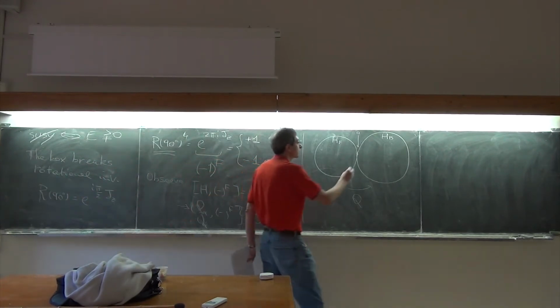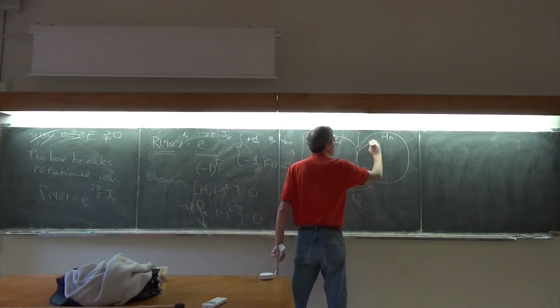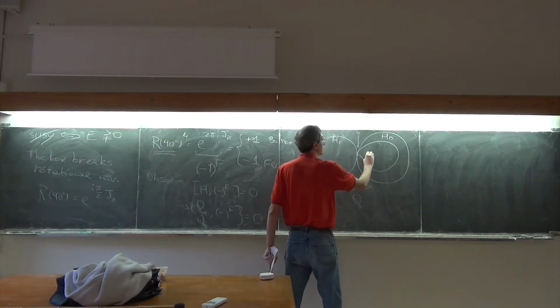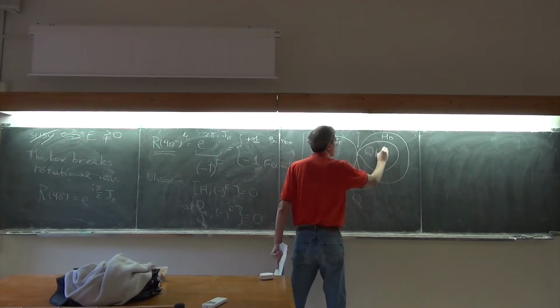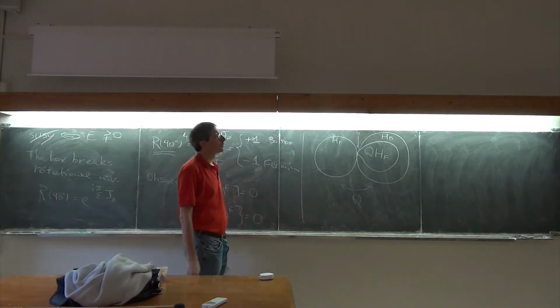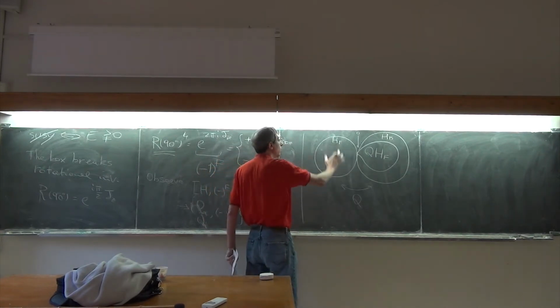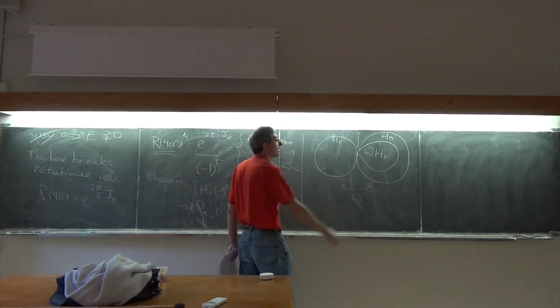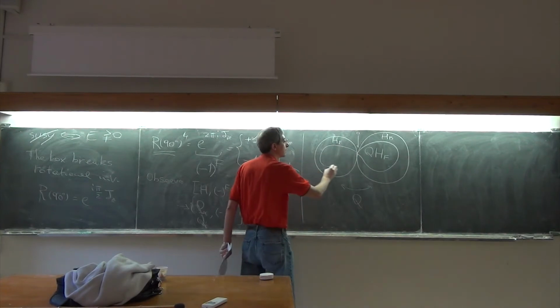Which means that in HB I will have a subspace, which is the image of HF. It doesn't have to cover the whole thing, but I can take HF, act on all of the states with Q, and then we get something there. Similarly, I can get something here.